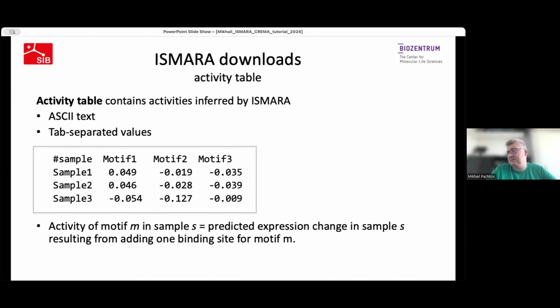As the first column, these are the sample names. Every value corresponds to a motif and sample pair and represents the activity, which predicts the expression change in the corresponding sample if you have one binding site of the corresponding motif.